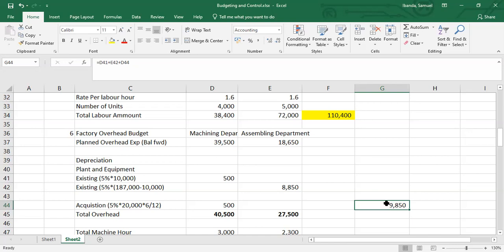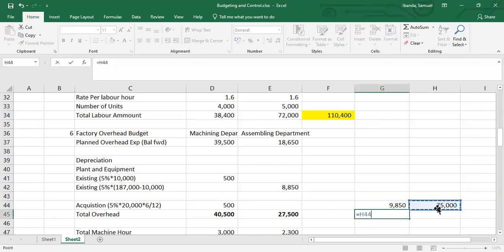Let me see if they gave us any. If you look at the question, they actually gave us a beginning accumulated depreciation. This 9850 is the depreciation for the year. But in the question, they gave us the accumulated depreciation of 75,000.